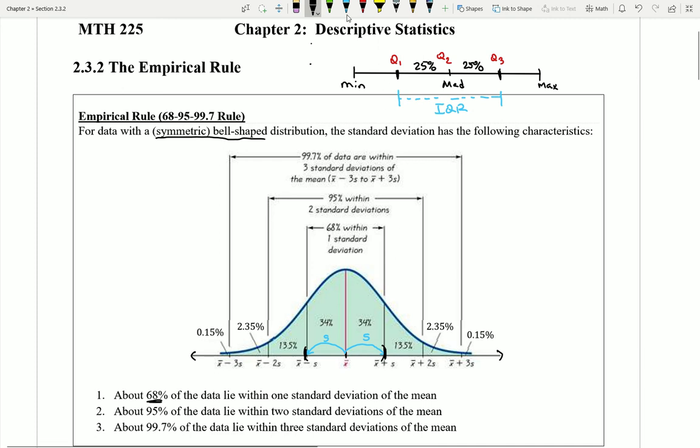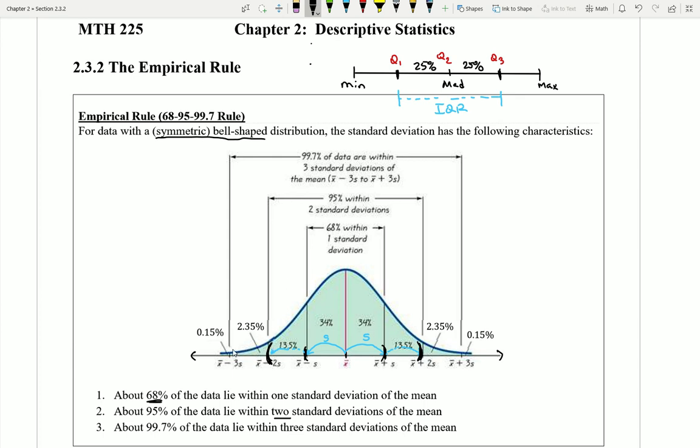Notice if I take an extra standard deviation jump out to the side, going up on the right side, I add another 13.5%. If I go down on the left side, I add another 13.5% as well. And so if I move 2 standard deviations away from the mean in each direction, forming this big interval, about 95% of the data falls within that range.